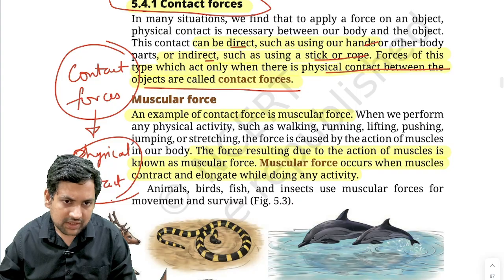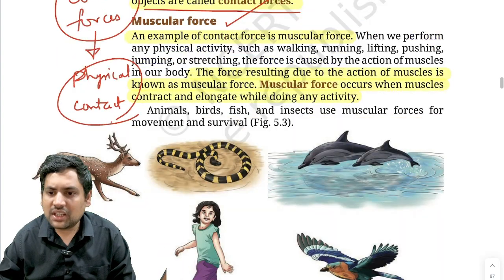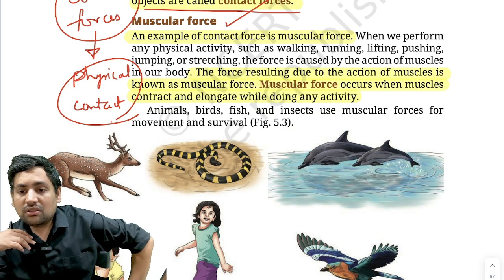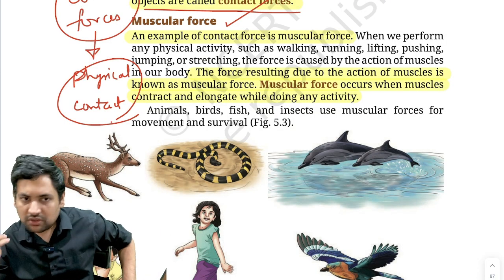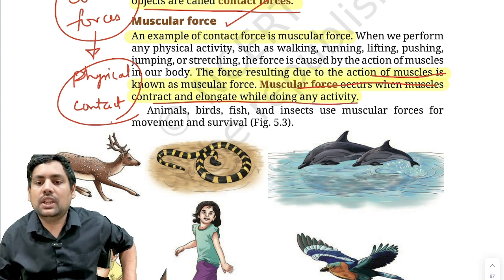A very famous example of this is muscular force. Muscular force is whatever I do when I push you or you push me. Muscular force results from the action of the muscles. It occurs when muscles contract and elongate while doing any activity.